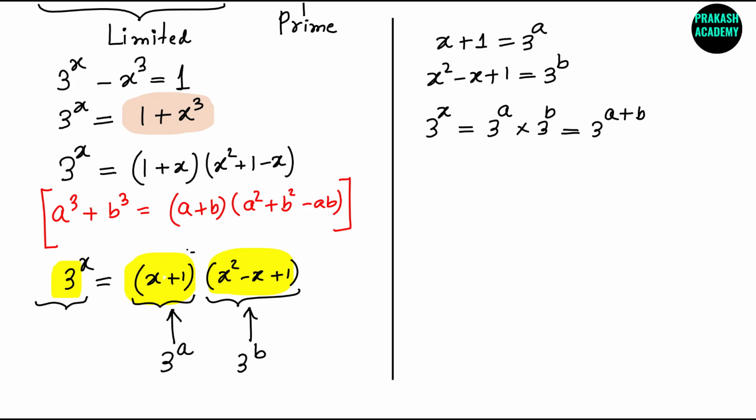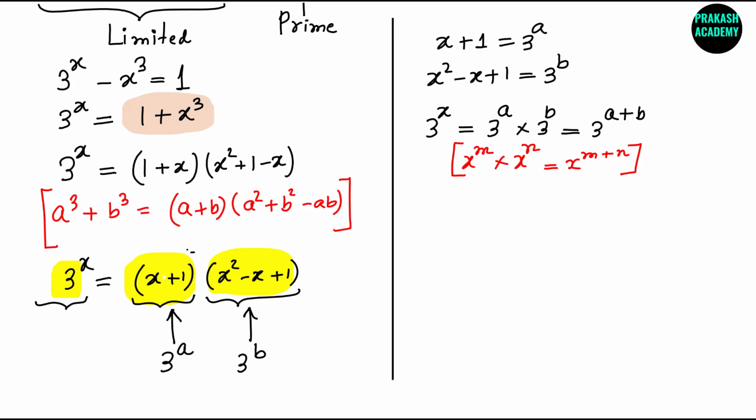because there is an exponent identity: x raised to the power m multiplied by x raised to the power n is simply x raised to the power m plus n. So I am using this identity here.